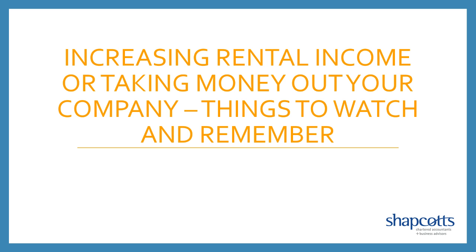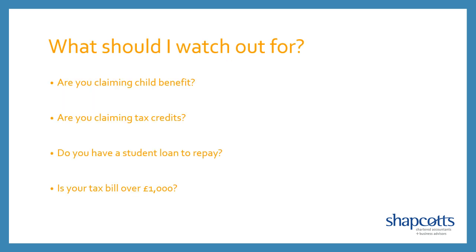However, there's a few implications that you might need to consider as you're building up that portfolio to take advantage of the different options available to you. So the first one I want you to consider is, are you claiming child benefit? You might think, why is that relevant? Why is that going to be a problem?